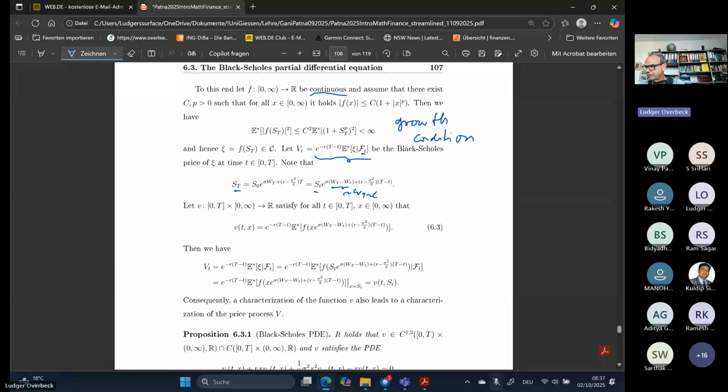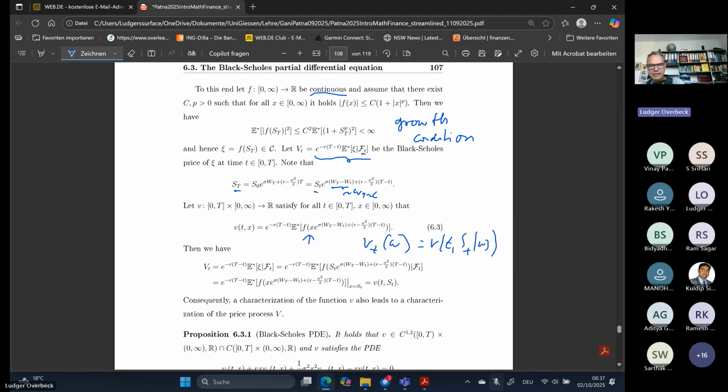We define V_t, the stochastic process, as a function v which depends on t and on S_t, because the conditional expectation is like this. So V_t(omega) equals small v_t(S_t(omega)).